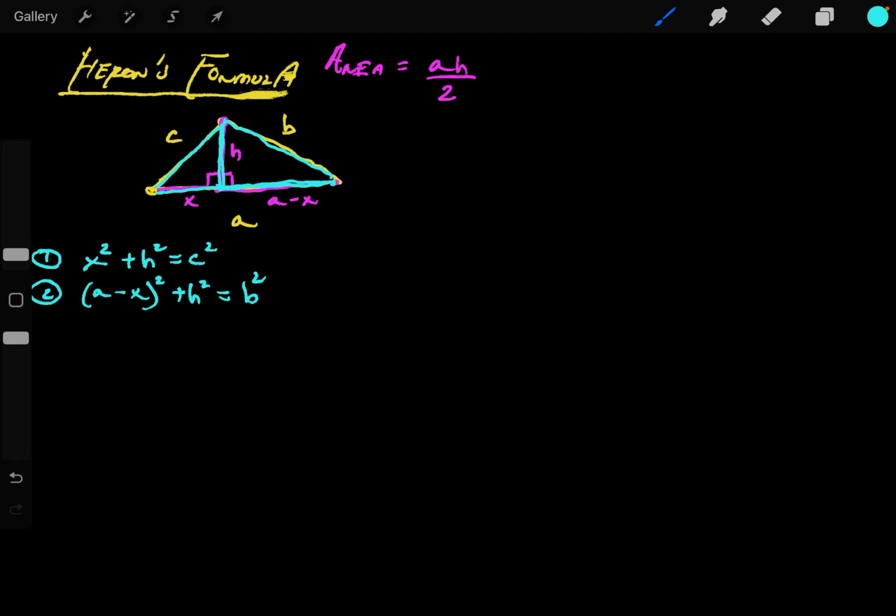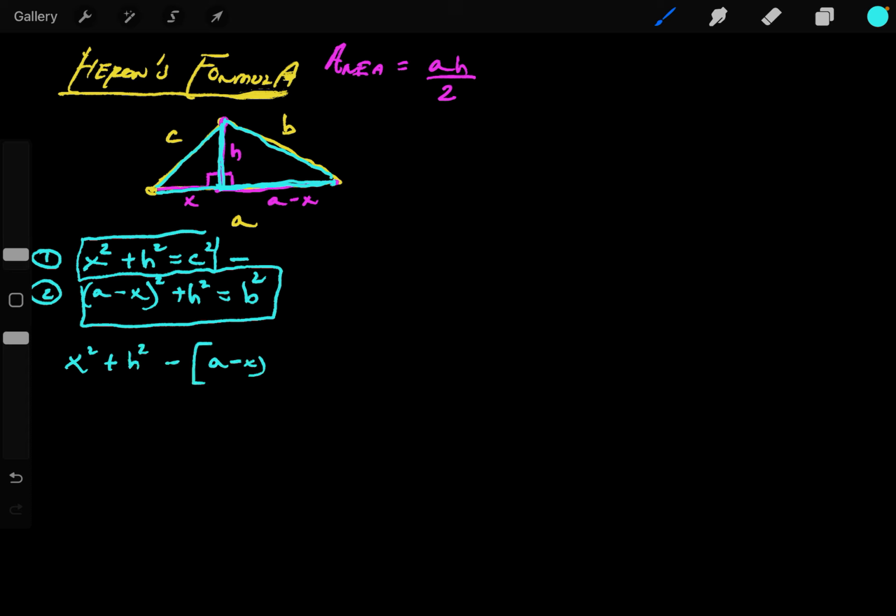So what's the first hoop that we have to jump through? The first hoop is that we take this equation and subtract this equation. So you subtract the left-hand sides and subtract the right-hand sides. So I get x squared plus h squared minus this whole left-hand side, (a minus x) squared plus h squared, is equal to the right-hand sides, c squared minus b squared.